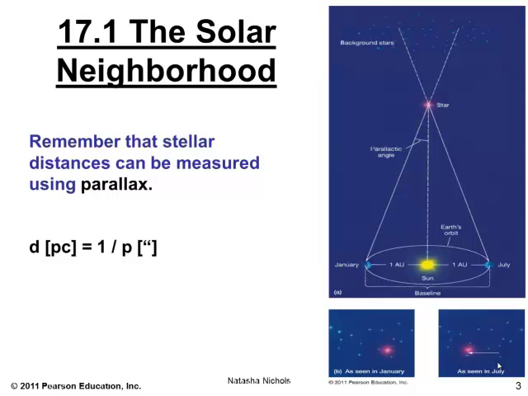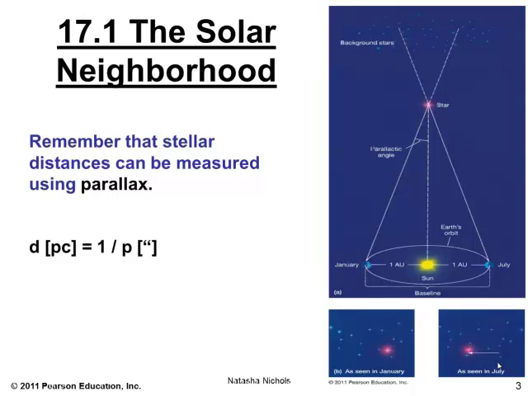Remember how we defined a special unit of distance that is called the parsec, and we use that in distance calculations. A parsec is defined as the distance to an imaginary star with a parallax of 1 arcsecond. 1 parsec turns out to equal 2.06 times 10 to the 5th AU, or 3.26 light years.